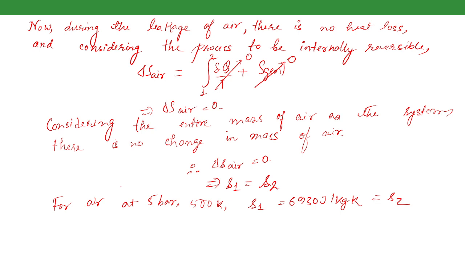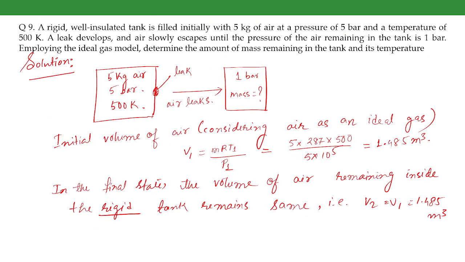Okay, now from the property table for air, S2 is the entropy corresponding to the final state, that is when it is at 1 bar.